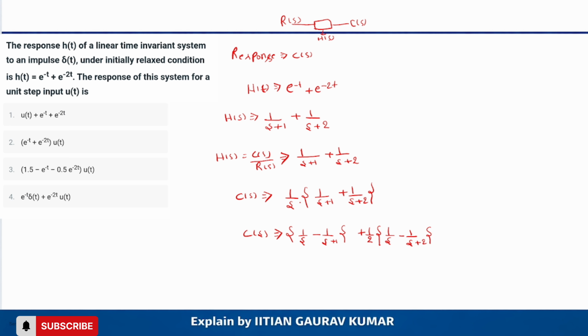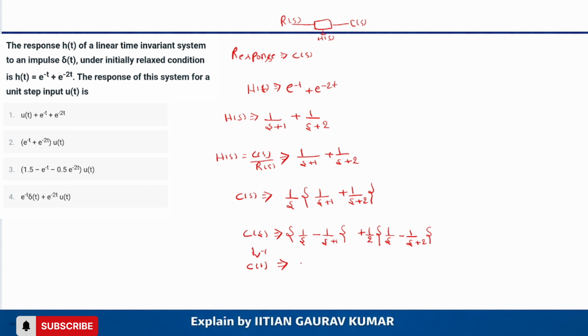Simply, we converted this form into this form because the inverse Laplace transform exists for these equations. So C of t means the Laplace inverse. We can take the Laplace inverse now.